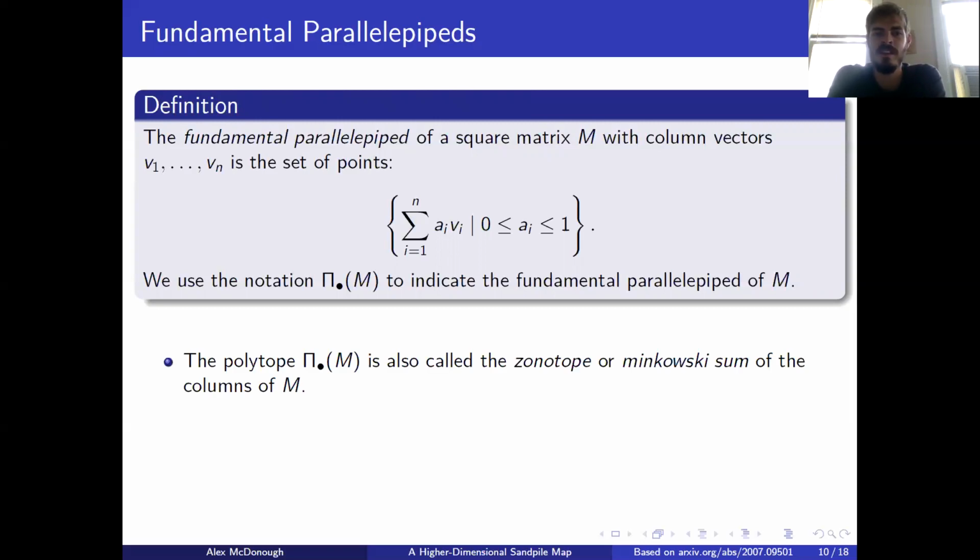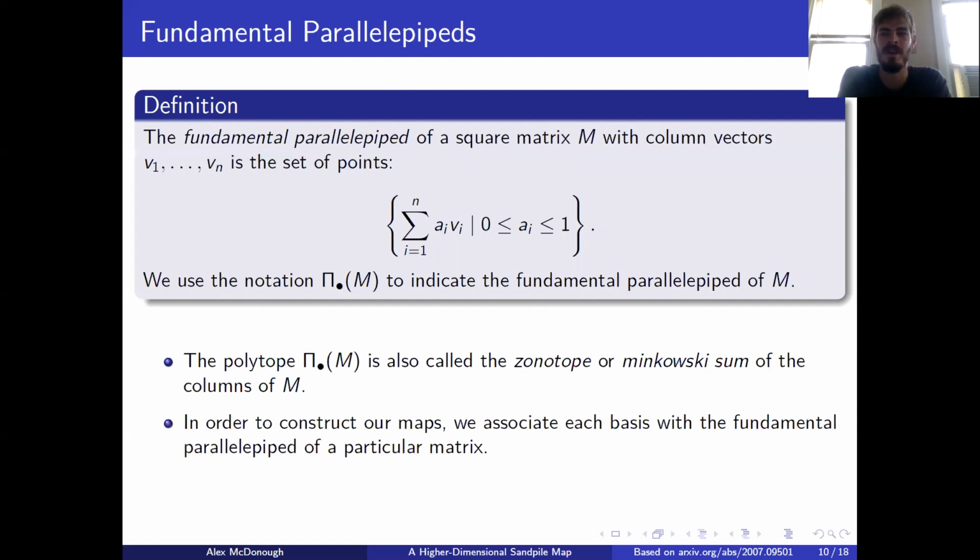Some people say that it's a parallelotope in general and parallelepipeds just for 3 dimensions, but I've seen it both ways. The word parallelepiped is really fun to say, so I'm going to go with it for this talk. It's also the one that I used in my paper. And part of our plan is that each basis we're going to associate with some fundamental parallelepiped.